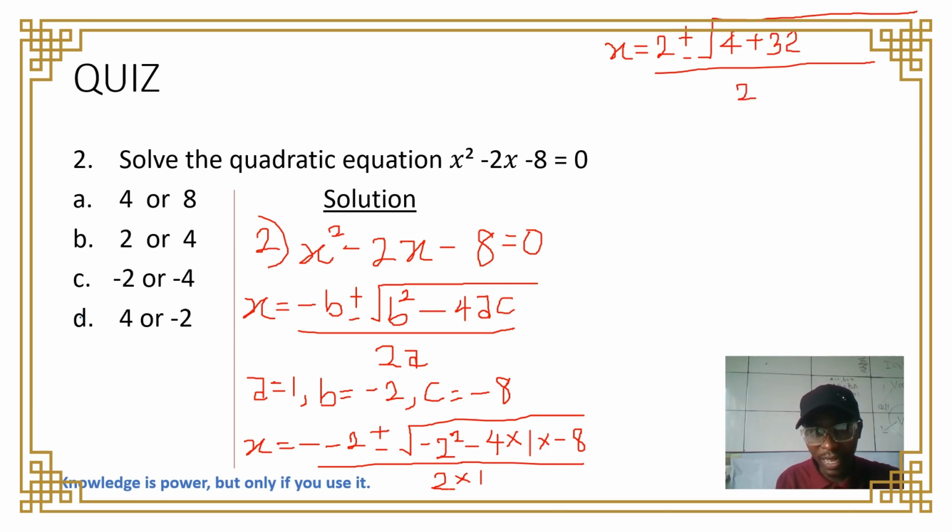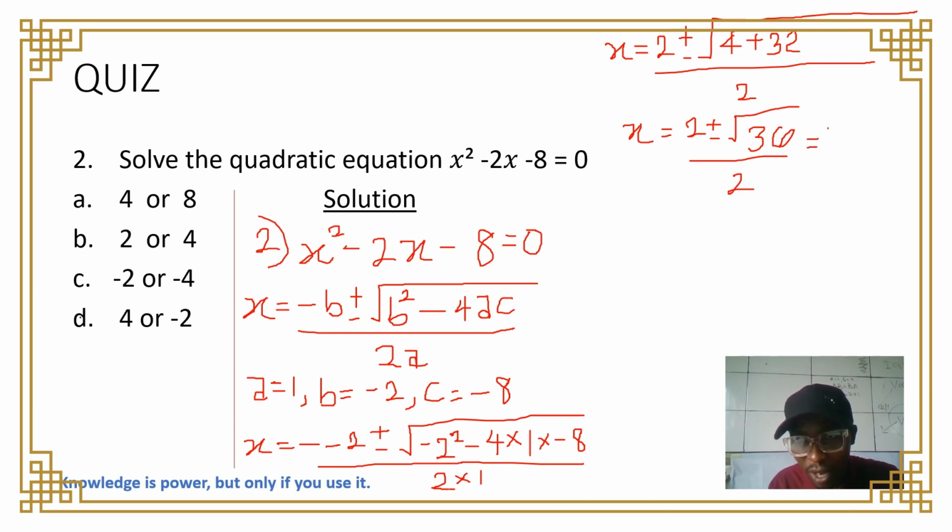So x is equal to 2 plus or minus square root of 36 over 2. Then 36 is a perfect square, so the square root of 36 is 6. That means we have 2 plus or minus 6 over 2.